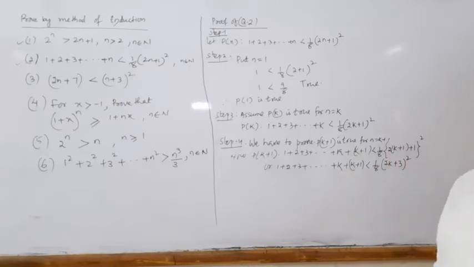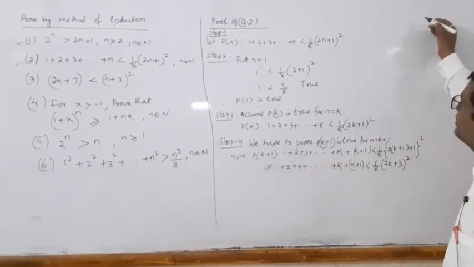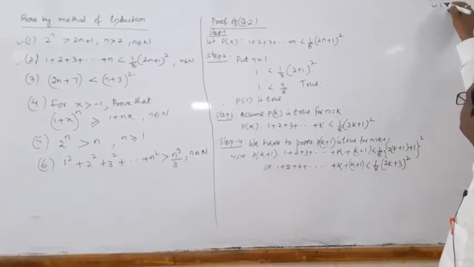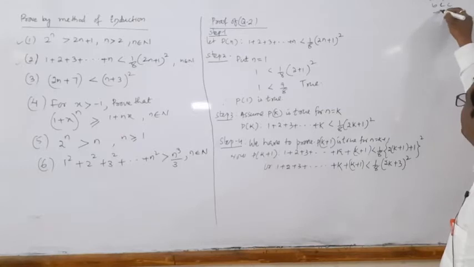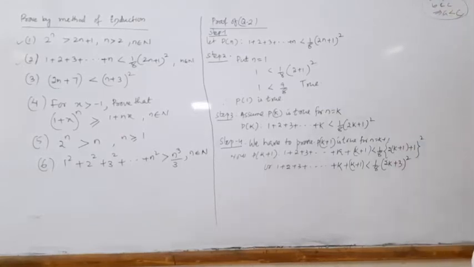Same concept: if a less than b, and b less than c, then we can imply a less than c. This logic is applied here.